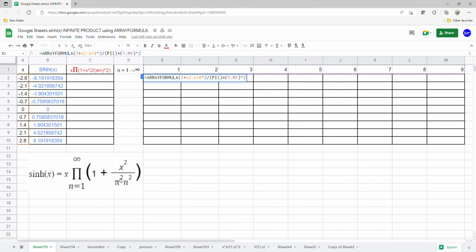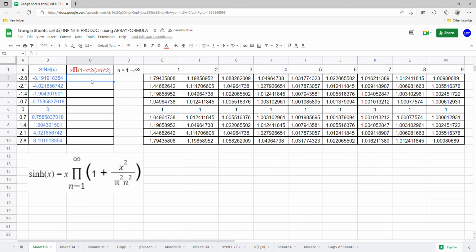So that is 1 plus x squared divided by pi squared n squared. So pi n, the quantity squared. And enter.